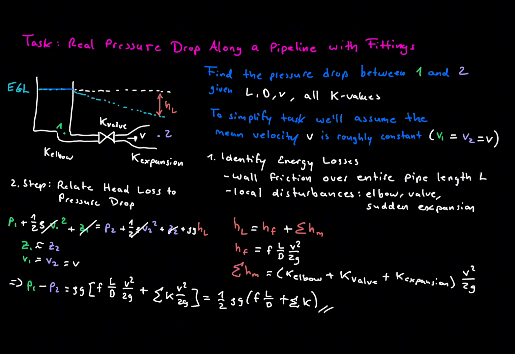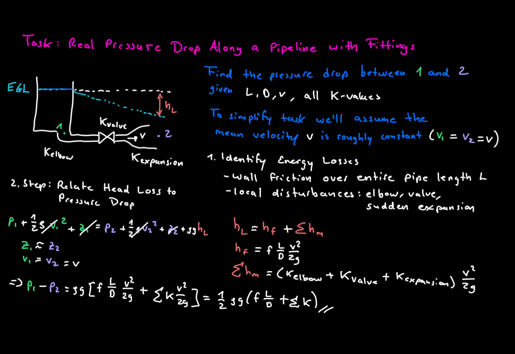On a diagram, you'd see a pipe with 3 fittings, an elbow, a valve, and an expansion, and above it, the energy grade line sloping down with little steps at each fitting. Those steps are the energy losses, both major and minor. And that's how engineers calculate the pressure difference between 2 points in a real pipe. The smoother the walls, the shorter the pipe, and the fewer the fittings, the flatter that line becomes.